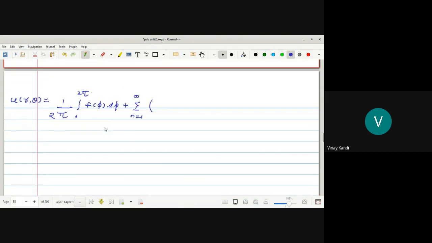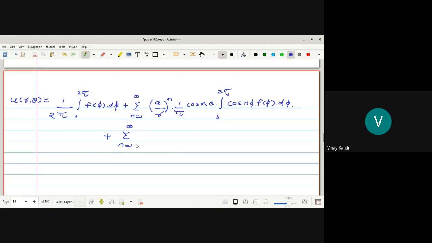After putting, we get (a divided by r) raised to n into 1 upon pi into cos n theta, integration 0 to 2 pi, cos n phi f of phi d phi, plus summation n equal to 1 to infinity, (a upon r) raised to n, 1 upon pi, sin n theta, integration 0 to 2 pi, sin n phi into f of phi. This is the value of bn, d phi.